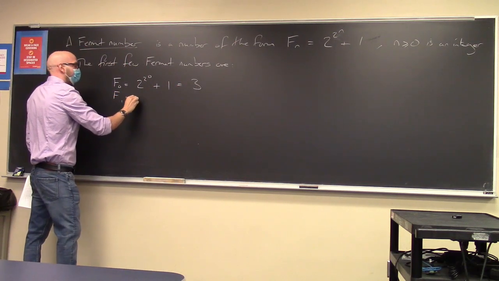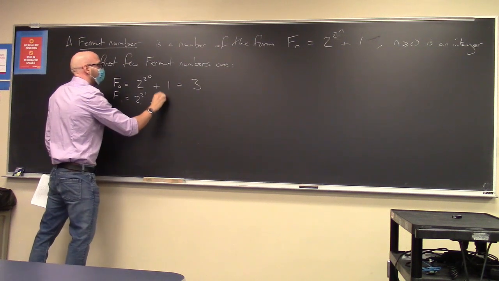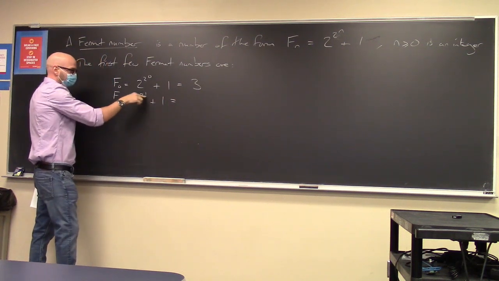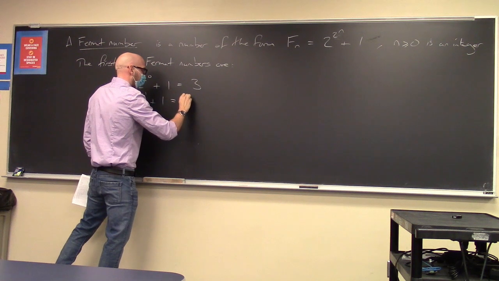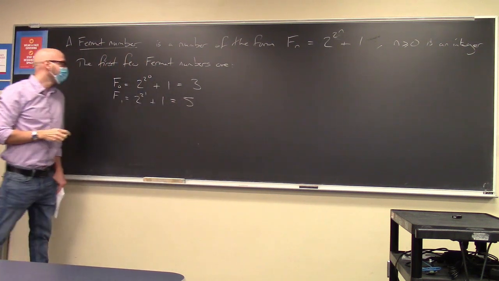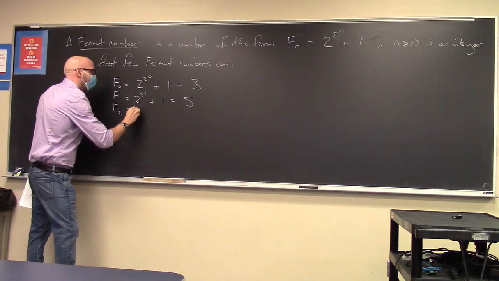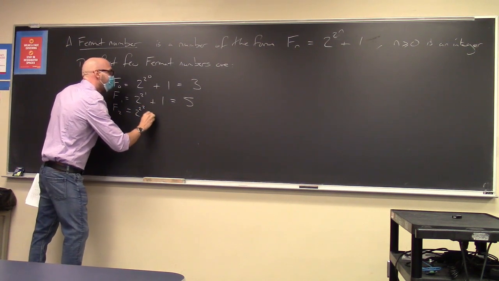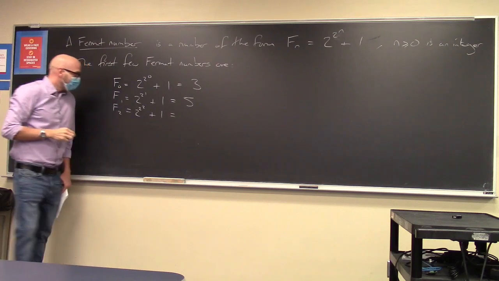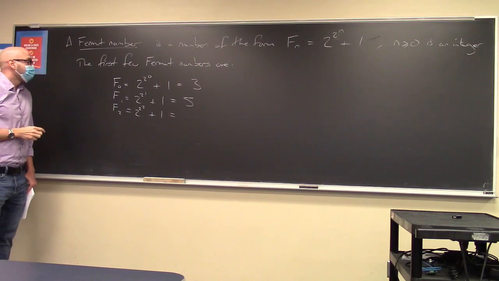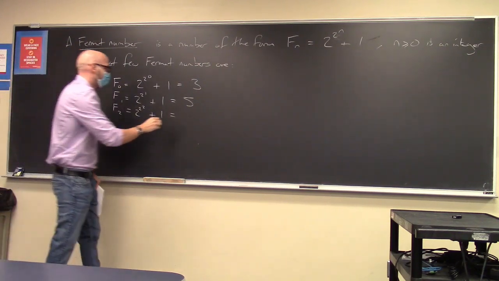F1 is 2 to the 2 to the 1 plus 1. That's 2 squared plus 1, which is 4 plus 1, which is 5. F2 is 2 to the 2 to the 2 plus 1, 2 to the 4 plus 1, 17.